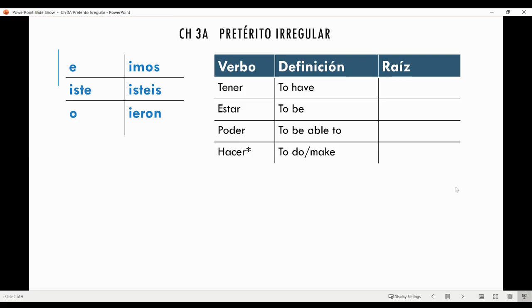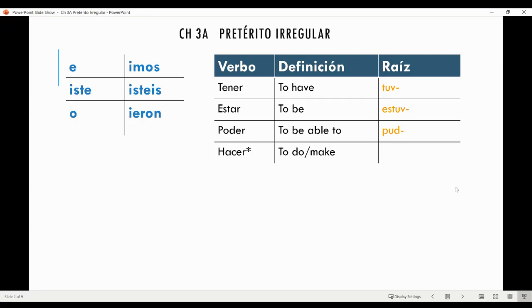For tener, we're going to change the stem, and it's going to be tuv. If you were to conjugate it, it would be tuve, tuviste, tuvo, tuvimos, tuvisteis, tuvieron. For estar, you're going to keep the stem tuv, and then add those endings. For poder, you are going to use the stem pud, then attach those endings.